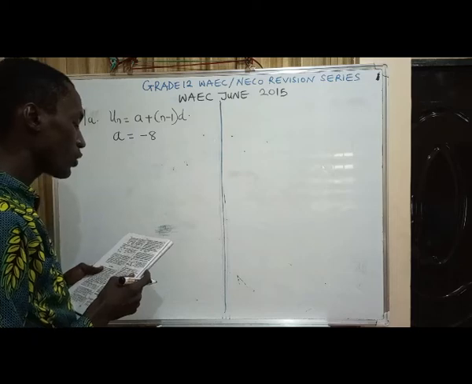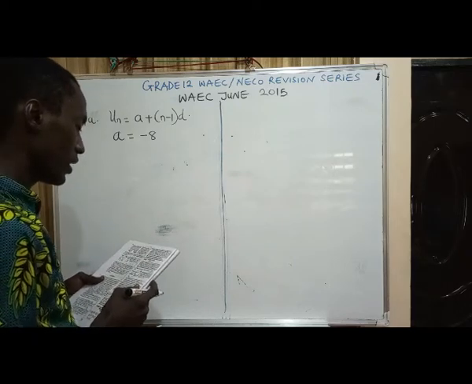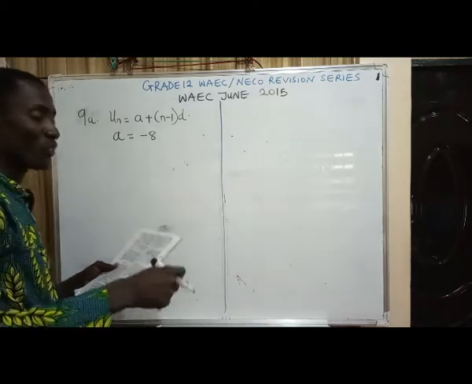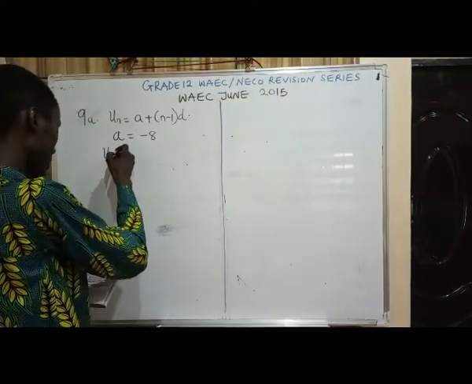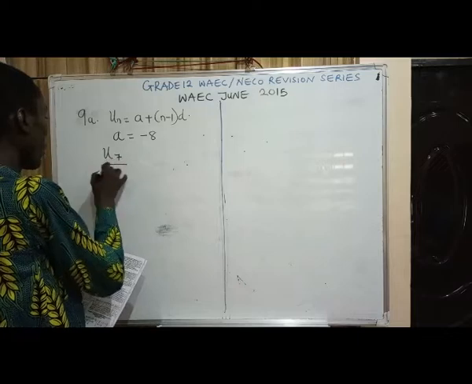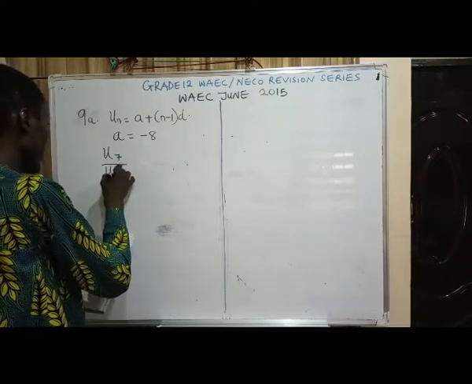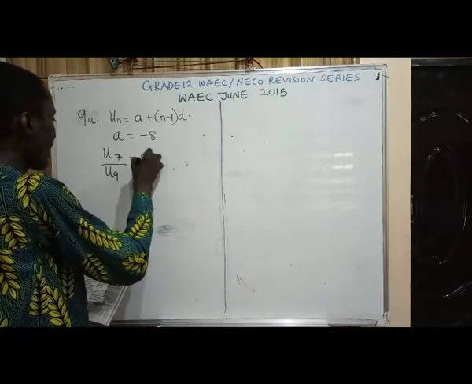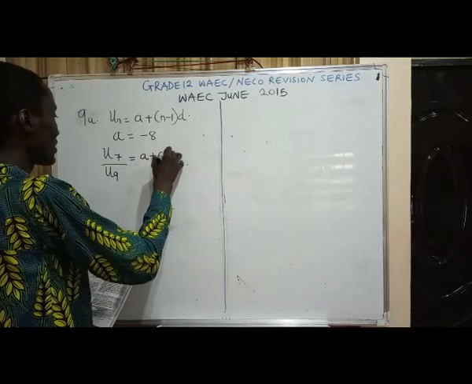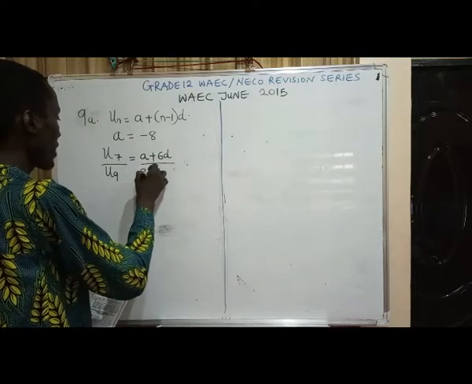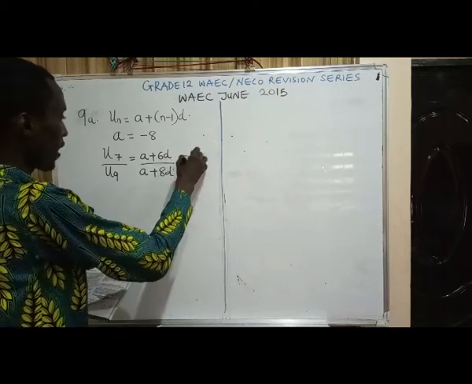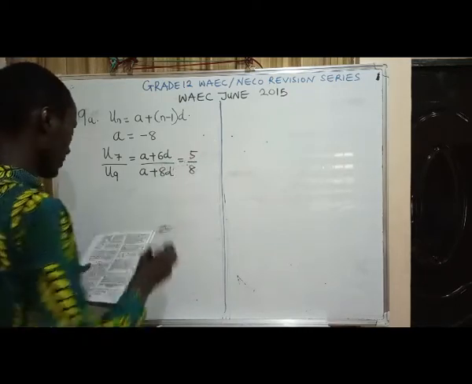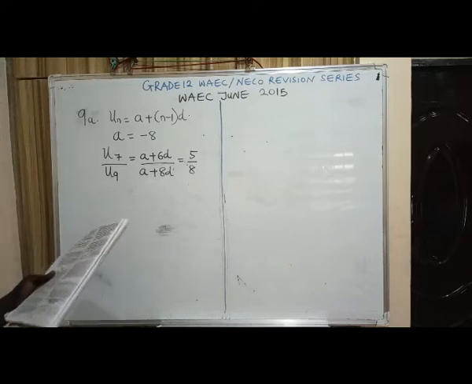If the ratio of the seventh term to the ninth term, it means U7 over U9, this will be equal to (a plus 6d) all over (a plus 8d) is equal to 5 over 8.